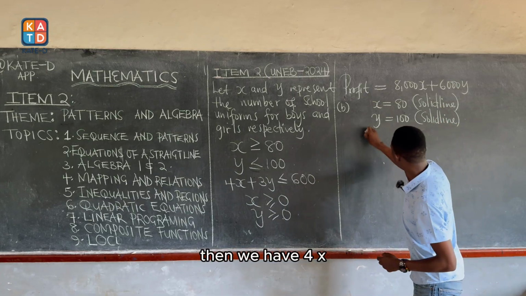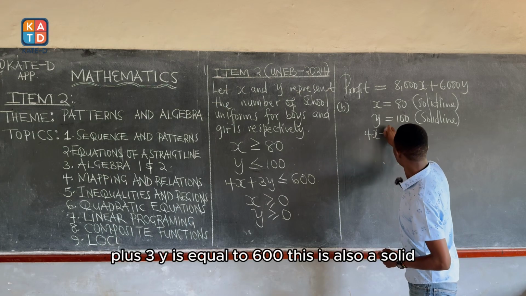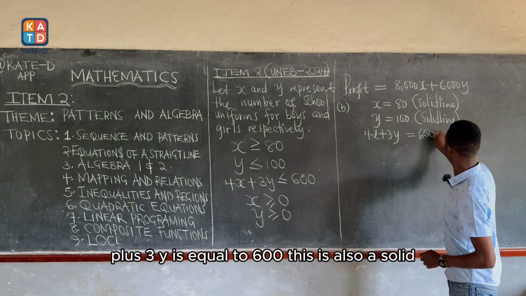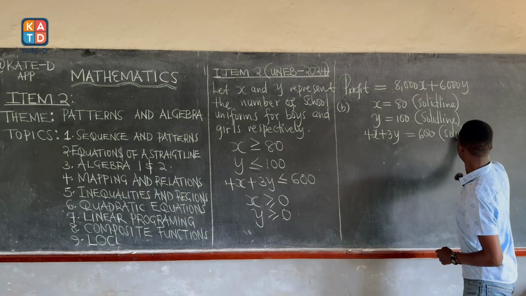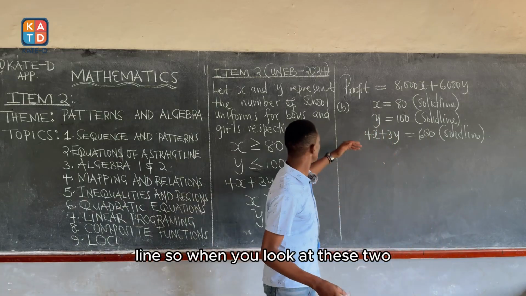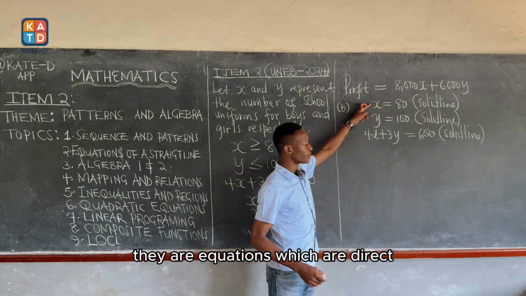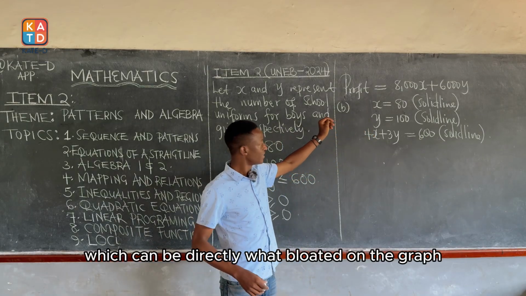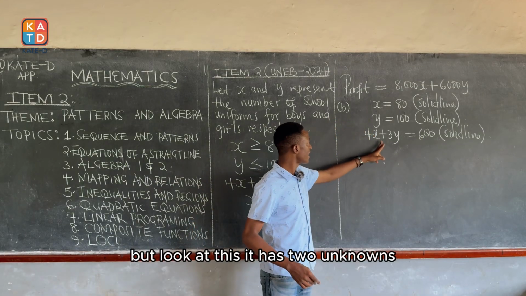Then we have 4x plus 3y is equal to 600. This is also a solid line. So when you look at these two, they are equations which can be directly plotted on the graph. But when you look at this, it has two unknowns.